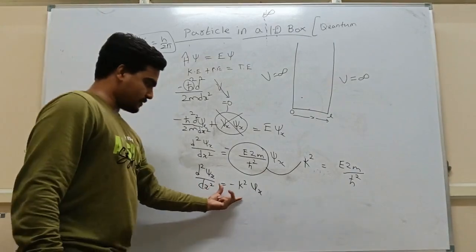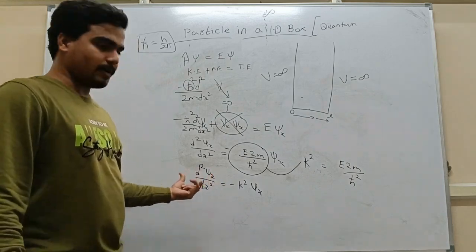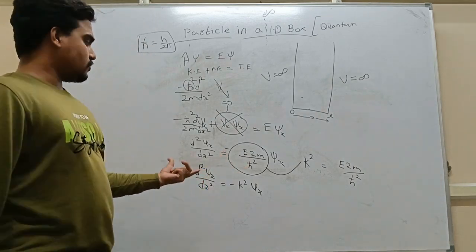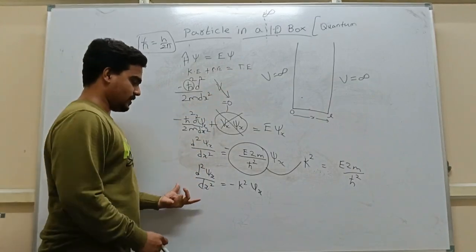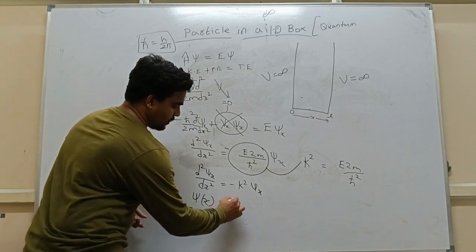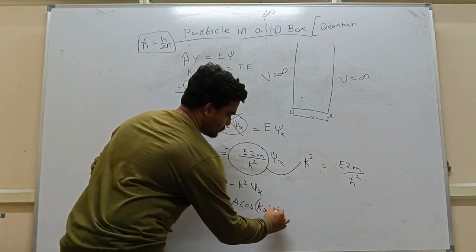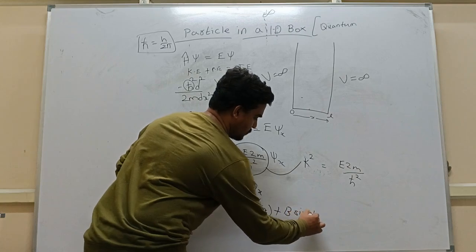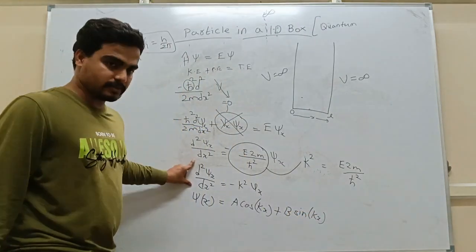Mathematically, when we solve this double differentiation equation, we get a solution called psi of x equals A cos of kx plus B sin of kx.